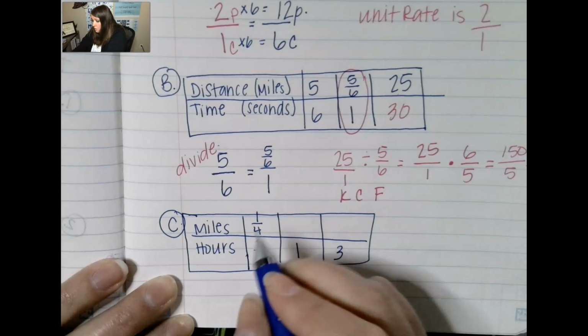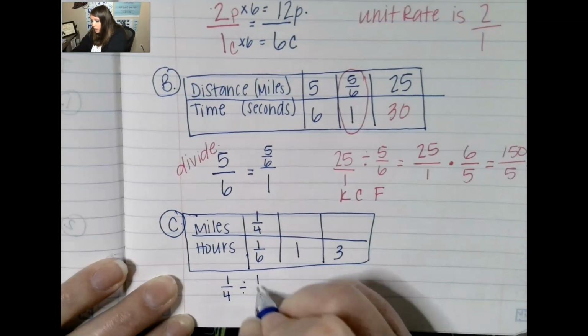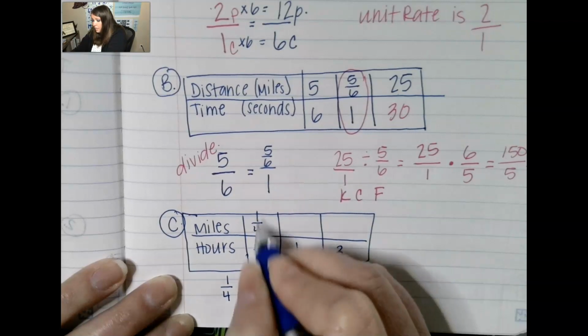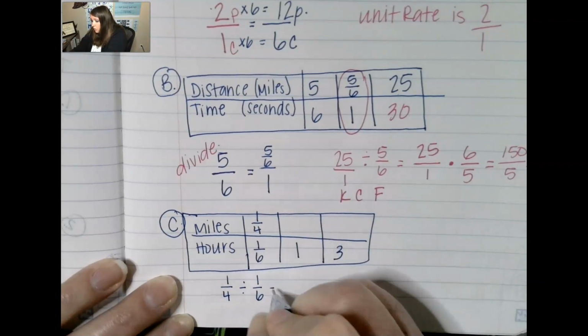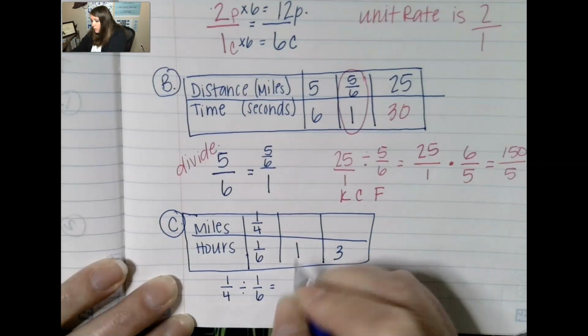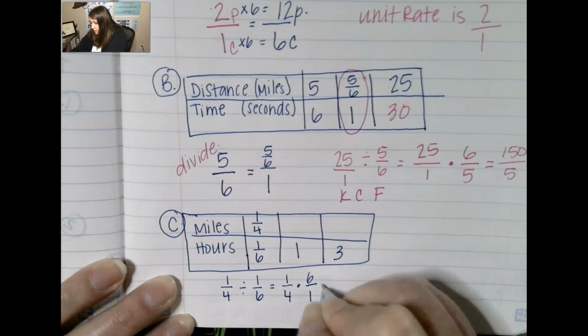So let's start by taking 1/4 divided by 1/6. This is going to give me my unit rate for 1. So 1/4 divided by 1/6. I'm going to use keep change flip. So now I have 1/4 times 6 over 1.